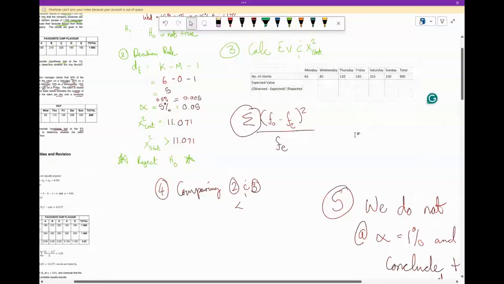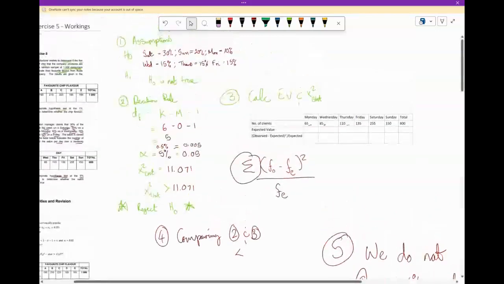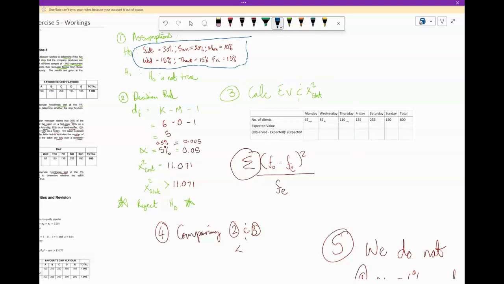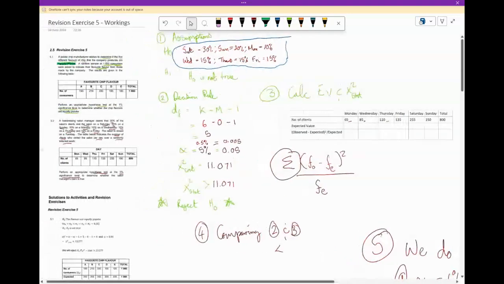Again, they gave us this information in terms of the percentage of customers coming in, and they've given us the total customers that come in for the week, which is 800. So off of these percentages, we can work out what our expected value should be.